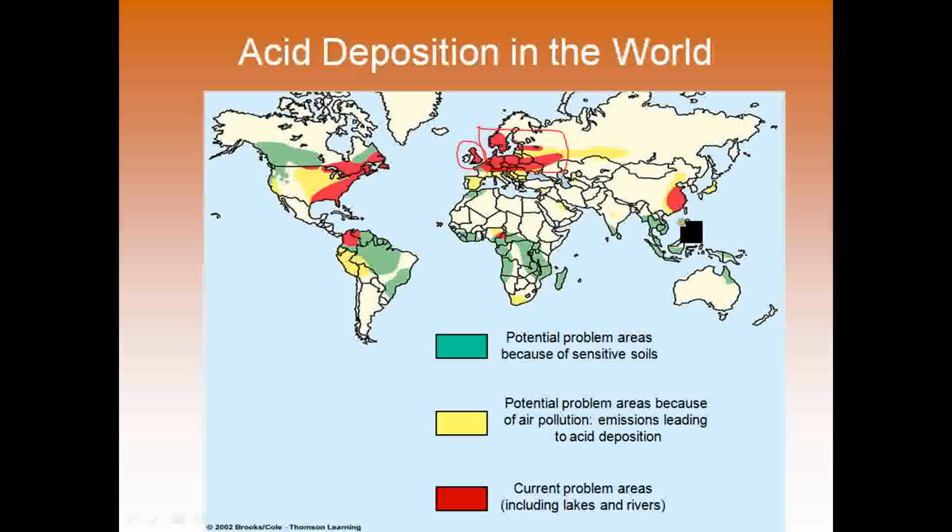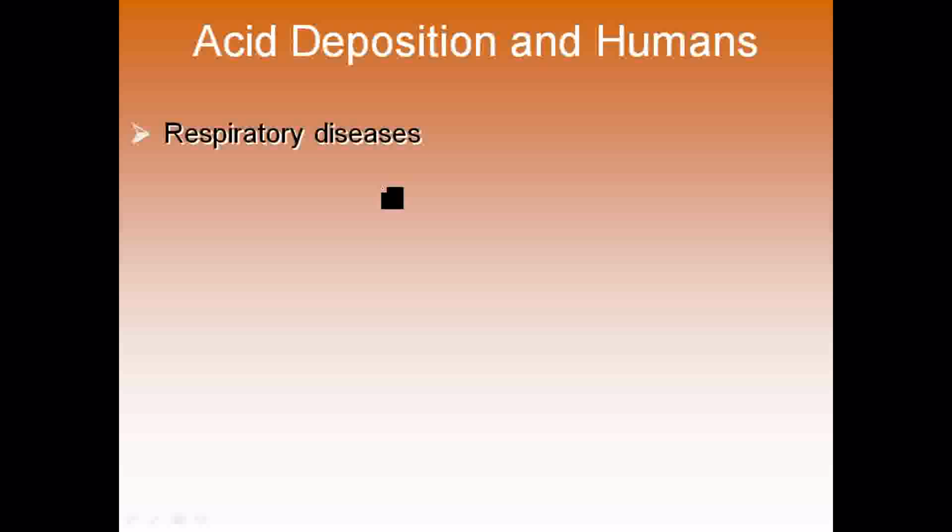And of course China, now that it's developing and it's producing so many coal burning power plants and so many factories, it's beginning to have a problem of its own as well. So most of the major problems are in the developed world, and that should make perfect sense to you. That's where all the factories are. That's where all the electricity is. And so downwind from that is where all the acid deposition problems are.